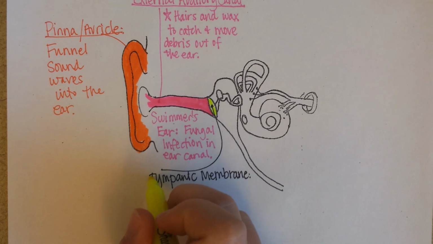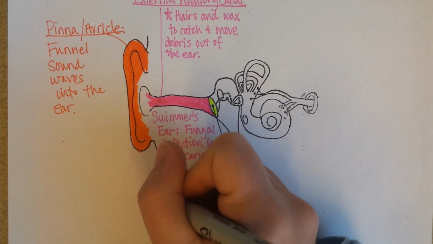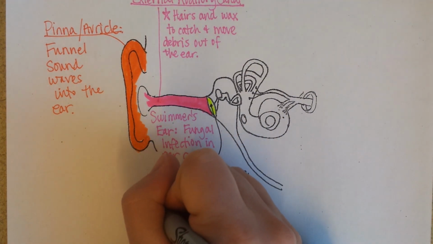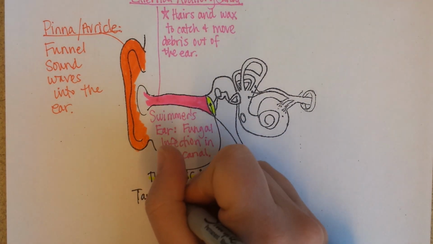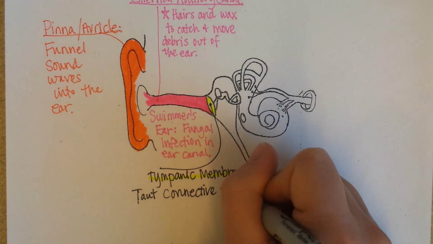Tympanic membrane is taut connective tissue. Taut is kind of like tight. Stretched tightly.